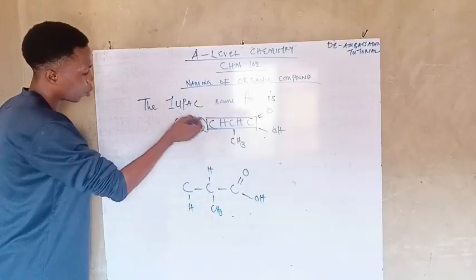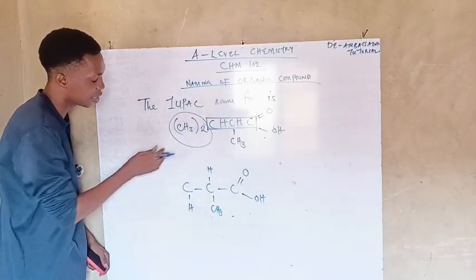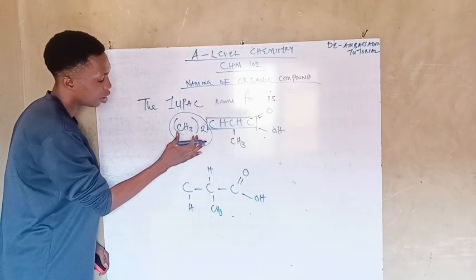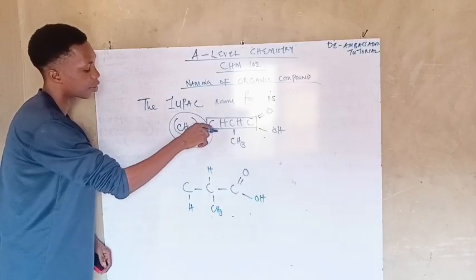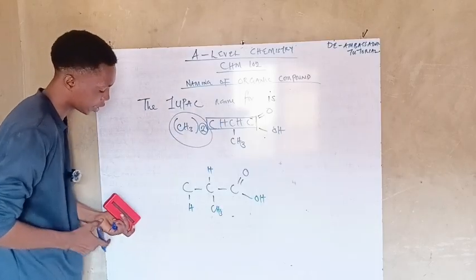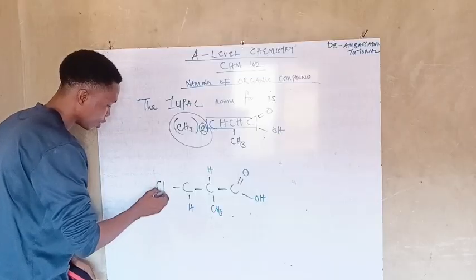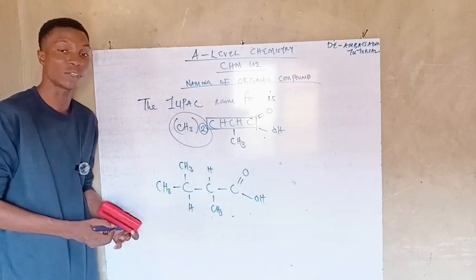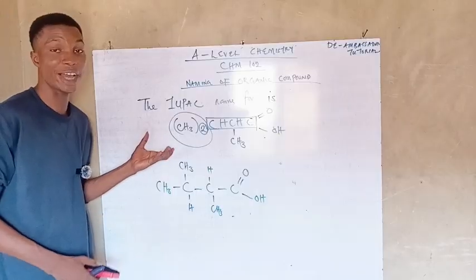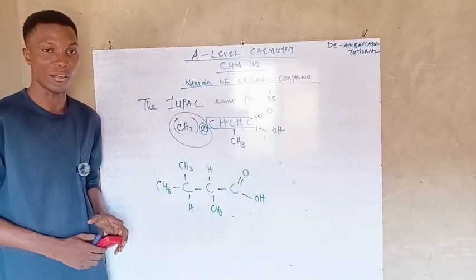So what happened to this one? For the case of this one, it means that this CH3 is in two molecules and is attached to this carbon. So in this case, I can put it here, CH3, then on the other side, CH3. Now I've actually broken down this condensed structure to a structural formula. So we can now name.